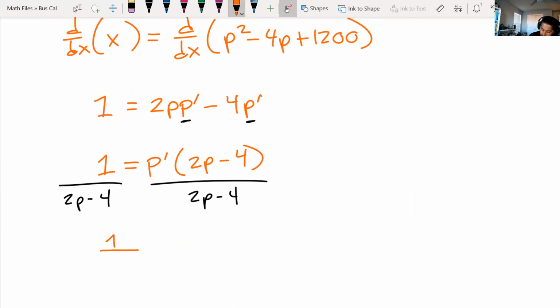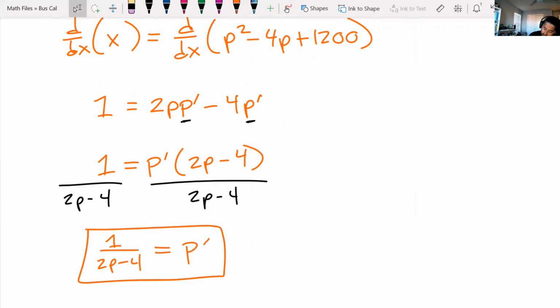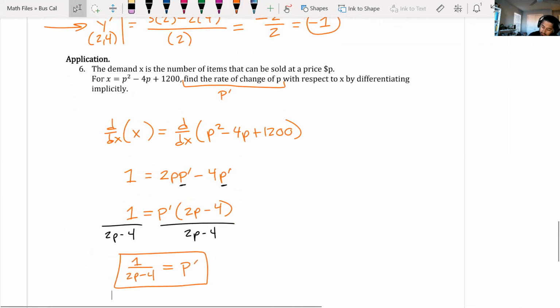And 1 over 2p minus 4 is equal to p prime. And that's it. That equation would be the rate of change of p, so that would give you the rate of change of price.